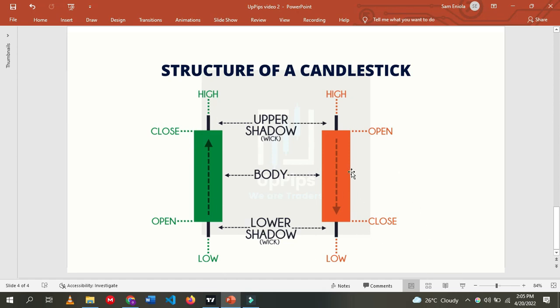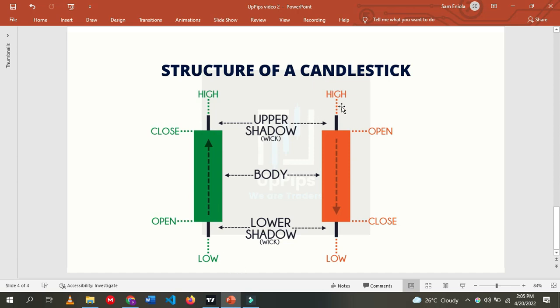But for a bearish candlestick, it opens at the top and closes at the bottom. That means it is coming down. When it opens at the top, it comes down to the bottom and closes there. But for an uptrend, a bullish candlestick, it opens at the bottom and closes at the top.